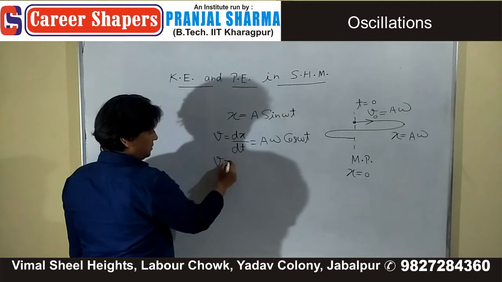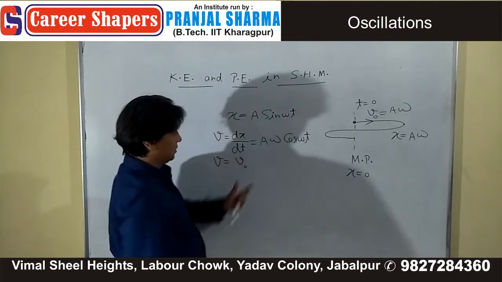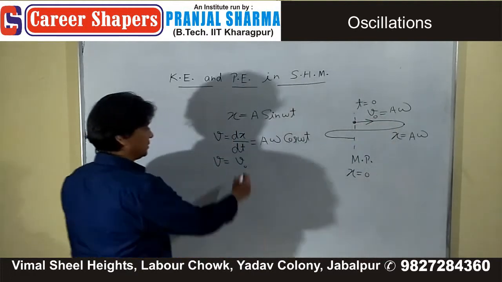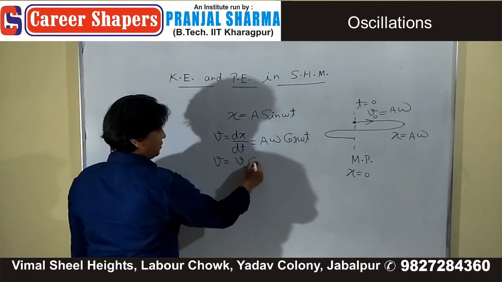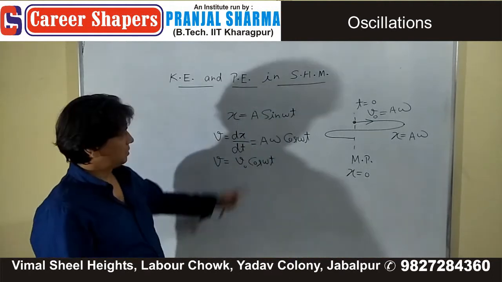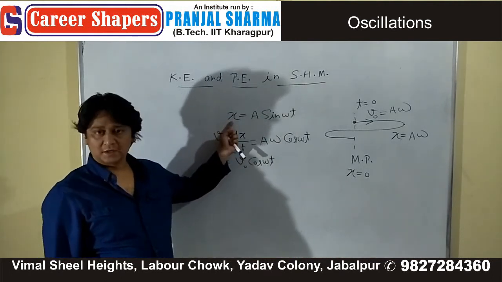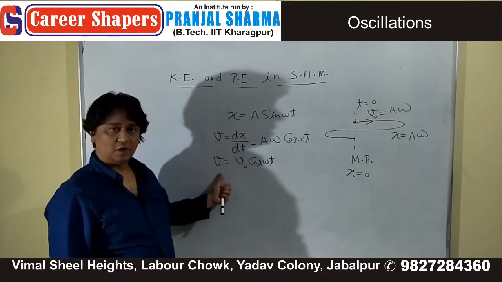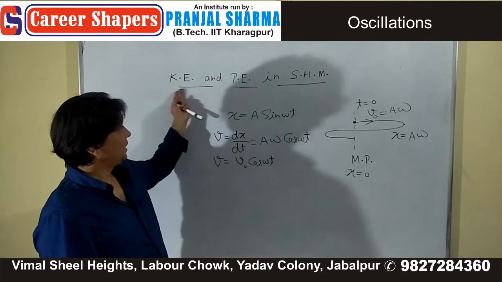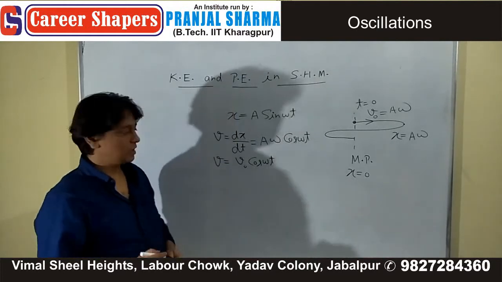This a omega is v naught, maximum. So v equals v naught cos omega t. We have got x, we have got v, and these are the two things which we need for kinetic energy and potential energy.